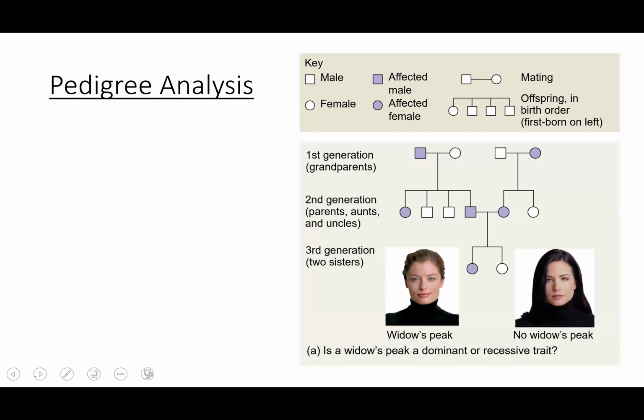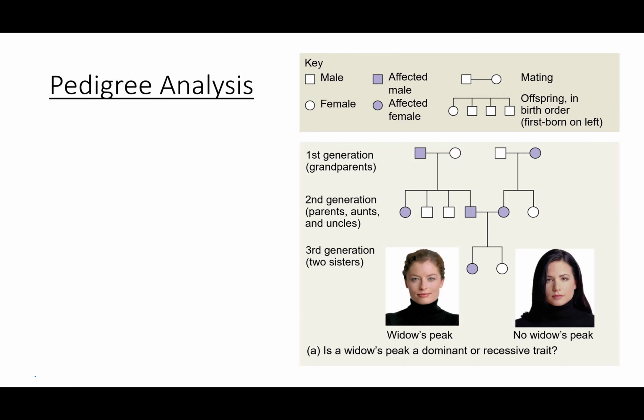Okay, so this is something else that you're going to do in lab, and we're going to do a little bit here too. We can take and trace a trait throughout a family over a period of time, looking at a family tree, and we call that a pedigree. So looking at a specific trait over a family for multiple generations. This works when we're using a trait that has simple Mendelian inheritance, meaning it is passed on in a simple Mendelian way. We're not talking much about incomplete dominance and multiple alleles and all that kind of stuff.